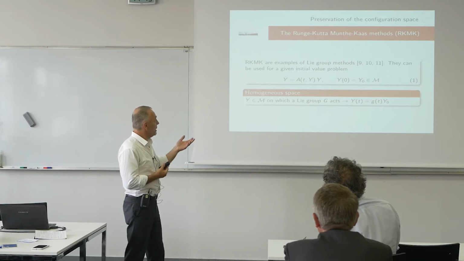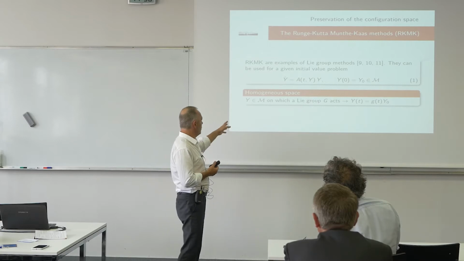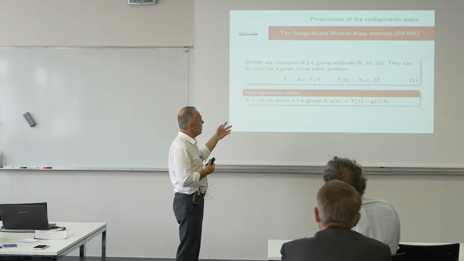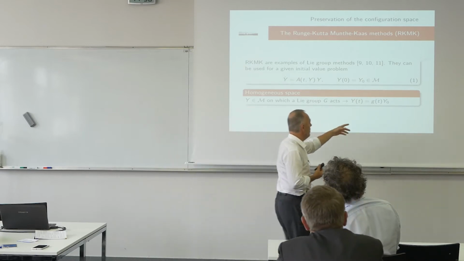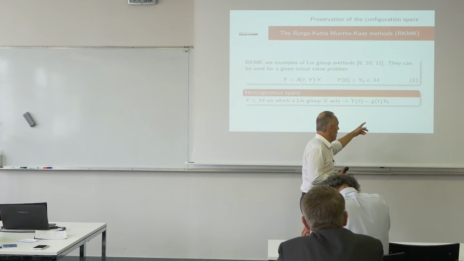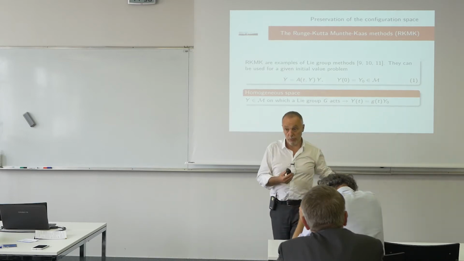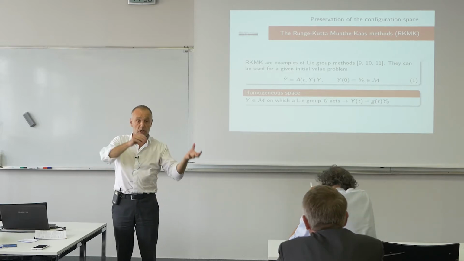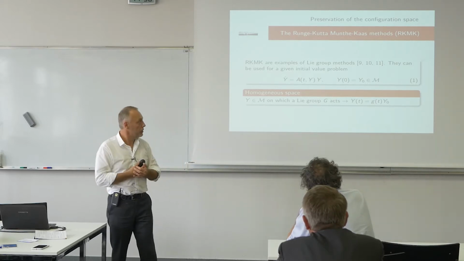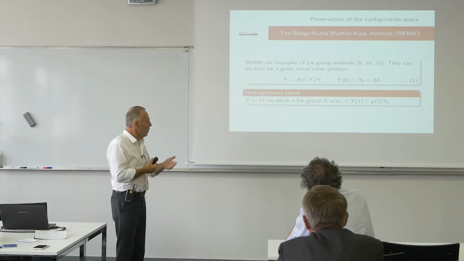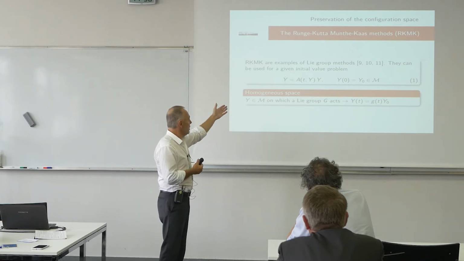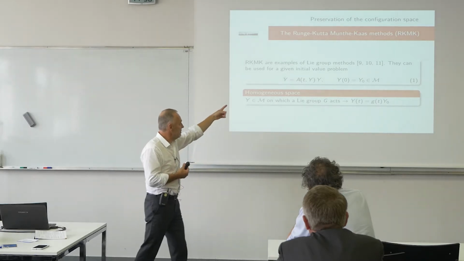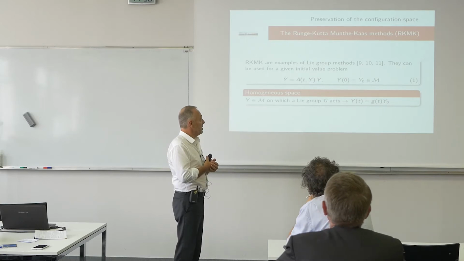To fix the idea, we will just consider a homogeneous group where you are able to move from any point to another one with a certain element in a group. Imagine a rotation: you can move from a point in R3 to another one through a certain rotation, for example. The problem is that this homogeneous space is not flat, so you have to take care of the derivative of the systems.